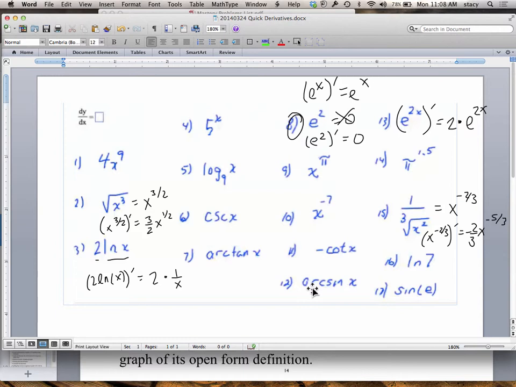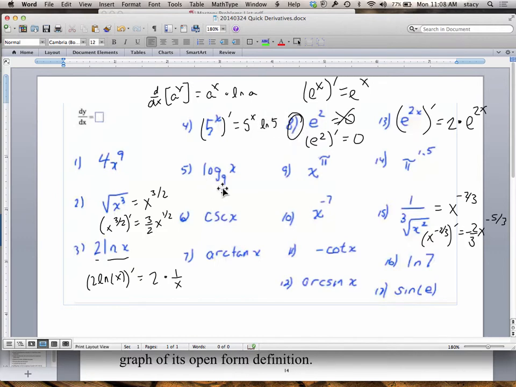4 and 5? So 4 uses the rule that the rate of change of a to the x is a to the x times natural log of a. So in this case, a is 5. So the rate of change is going to be 5 to the x times the natural log of 5.